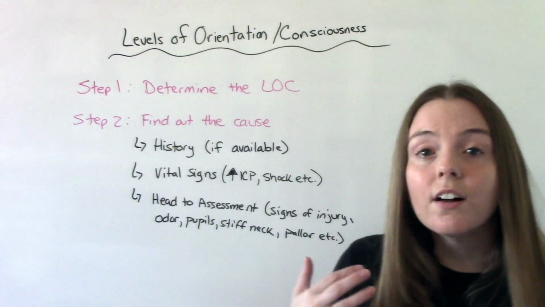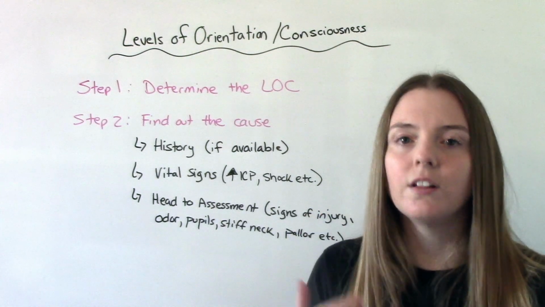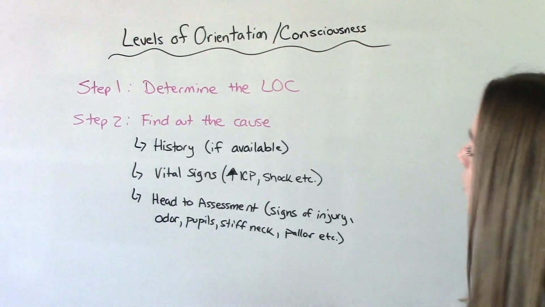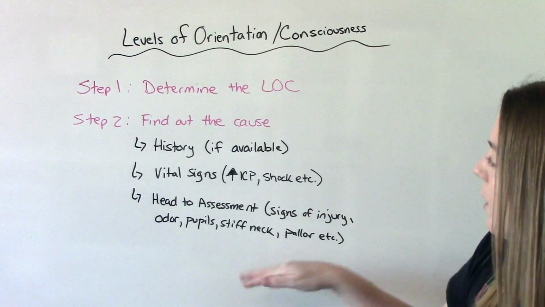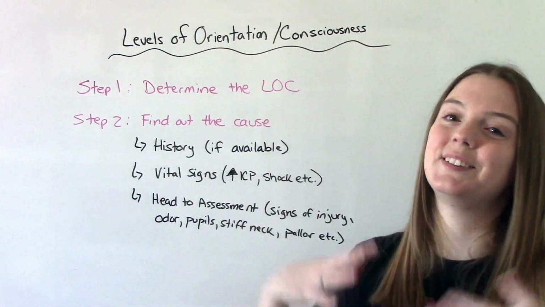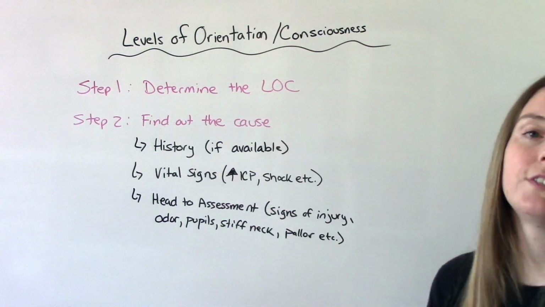Do they look pale? Do they have pale mucous membranes? Their lips pale? That could suggest things like anemia. So stuff like that. So getting a good history, if you can, their vitals and their head to toe, that's what's going to help us determine the cause, because we can't treat it unless we know the cause. So figuring out the cause after we determine their level of consciousness.